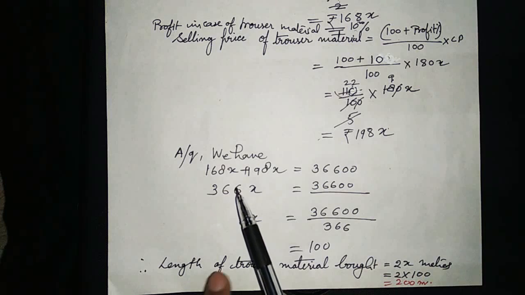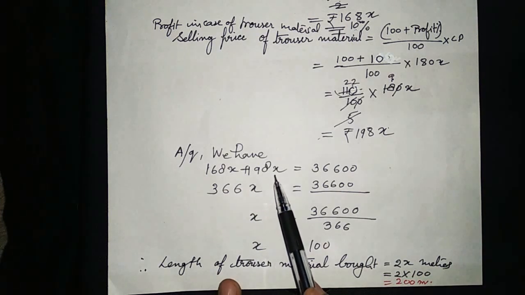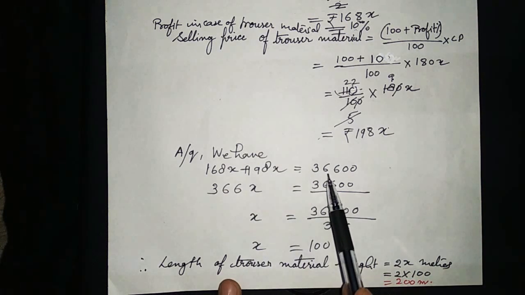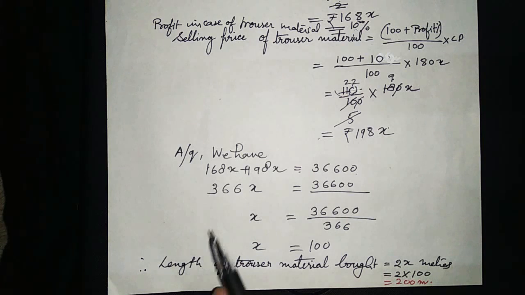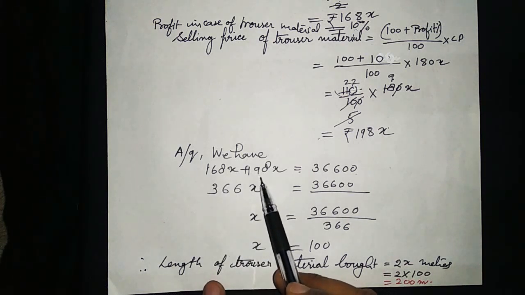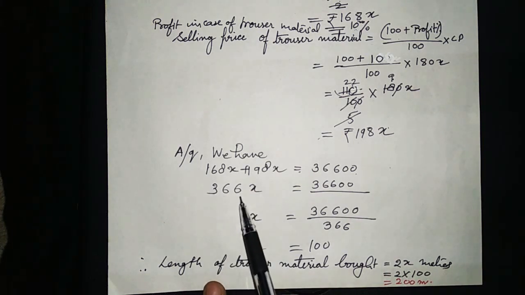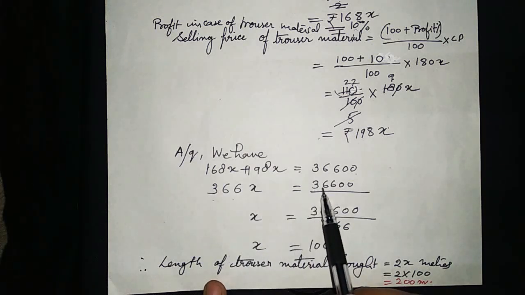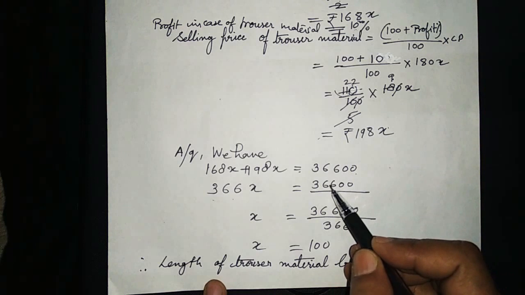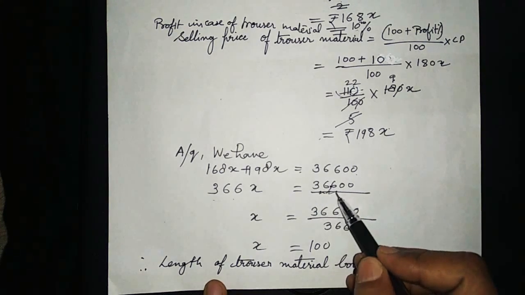So 168x plus 198x is equal to 36,600. An equation will form. Now 168 plus 198, when we add, we get 366x is equal to 36,600 here.